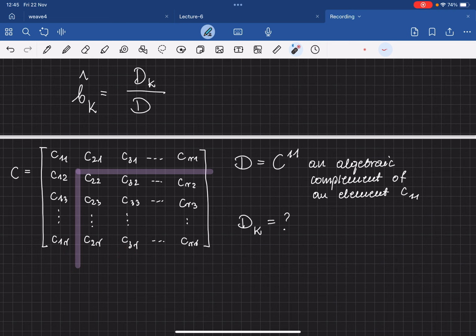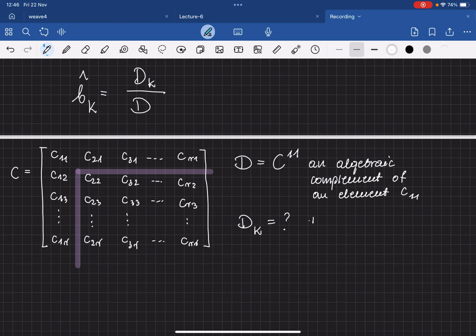So technically, I can think in the following manner. I remove this column, this row and this column, and calculate a determinant of what is left. It is again an algebraic complement of this element up to a sign.